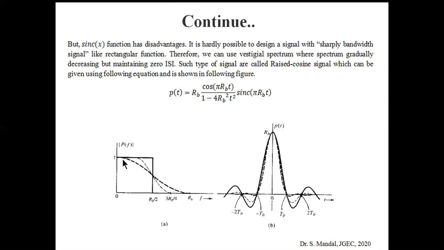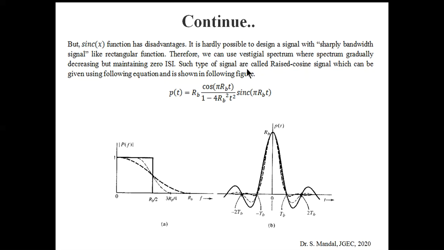In spite of it, you can use a gradually decreasing function whose frequency response is gradually decreasing, which is vestigial in nature. So we can use a vestigial spectrum where the spectrum gradually decreases, but it should maintain zero ISI.